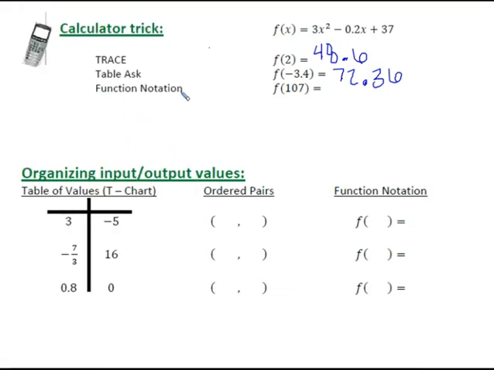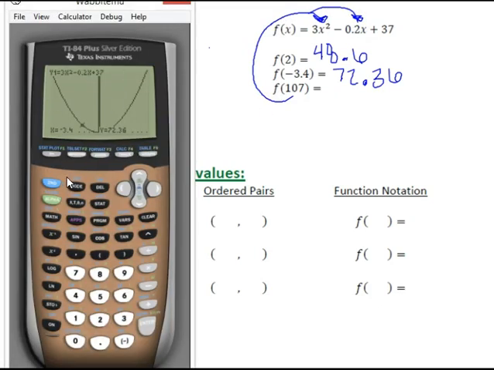Alright, next one is function notation. Whenever this shows up, it implies that we're inputting this independent variable in for all of our x's. So we're not really in need of the graph. I'm just going to hit clear, and it's going to go away. So I'm literally going to type in this equation with the 107 in for the x. So I have 3, I want to multiply it by 107. Notice again how I'm using parentheses because I'm inputting a value.